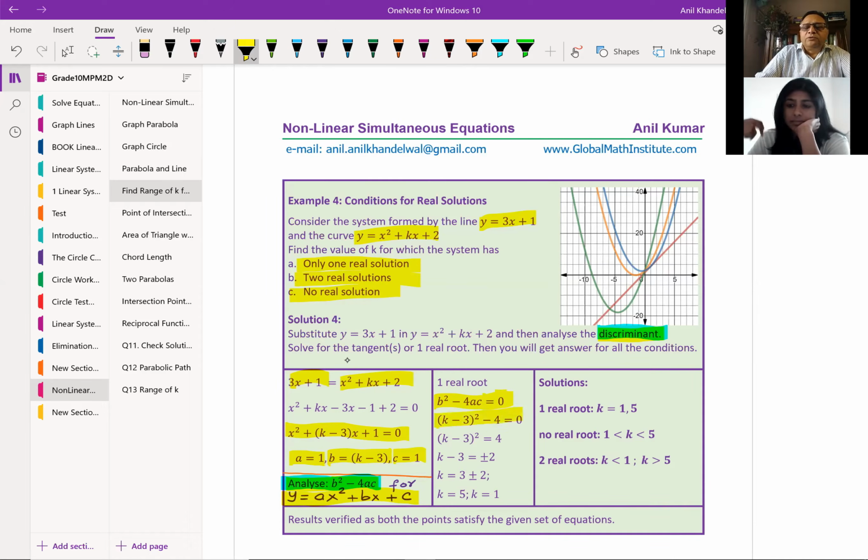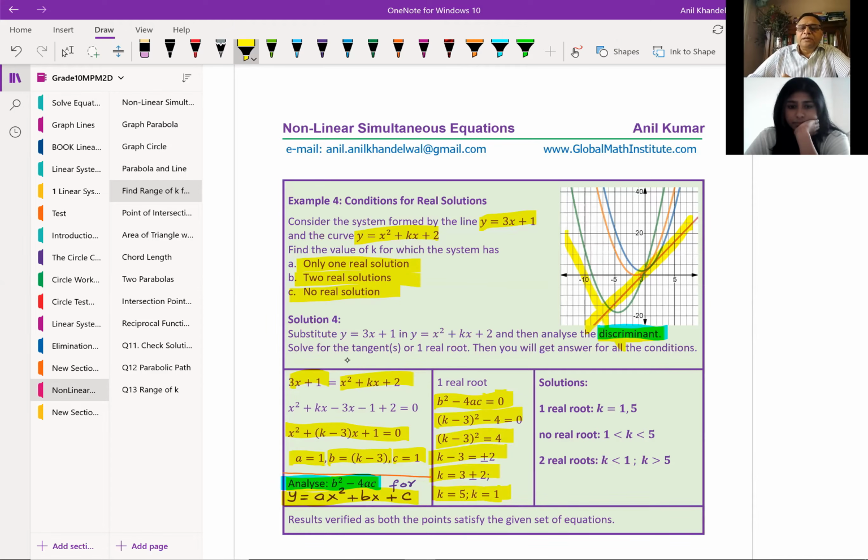Once you equate to 0, in this particular case we found two values of k for which you could get a tangent. A tangent could be on either side of the parabola, as shown here, or on the other side. So based on that, we get two values of k, right?